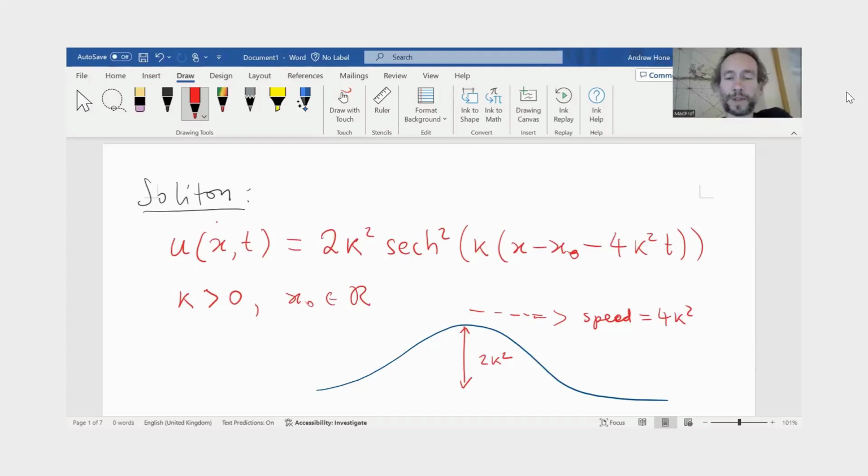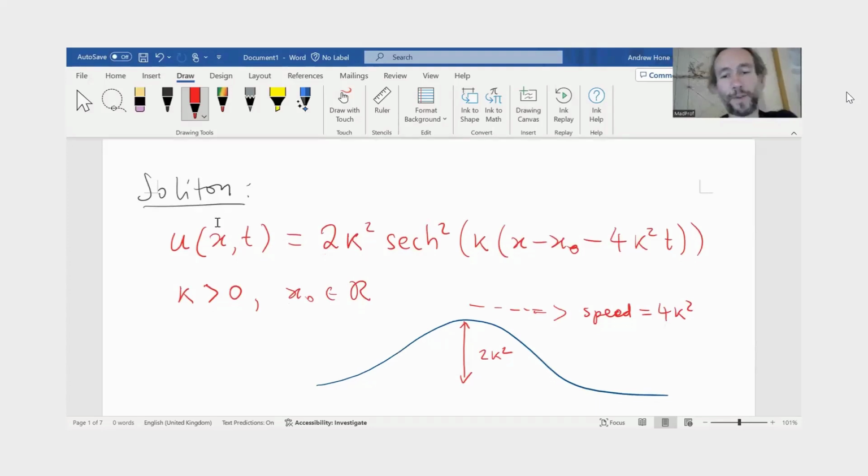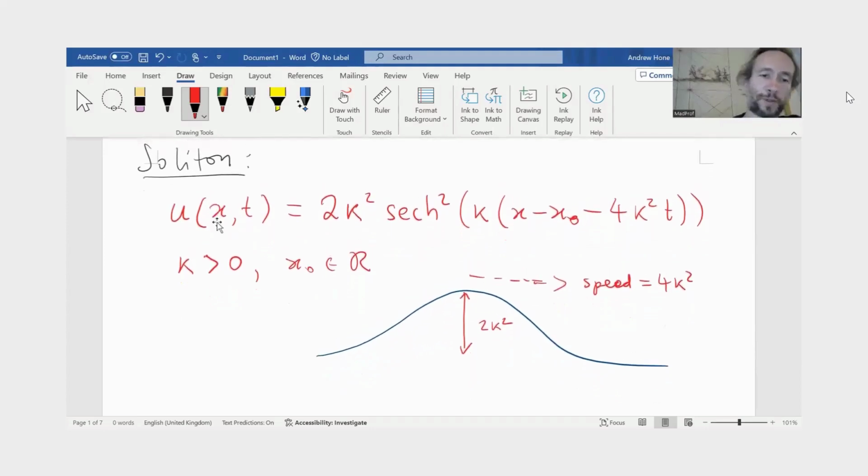And this kind of wave was actually observed first in 1834 by John Scott Russell, who was a Scottish engineer and naval architect. So John Scott Russell, he built ships with Brunel.